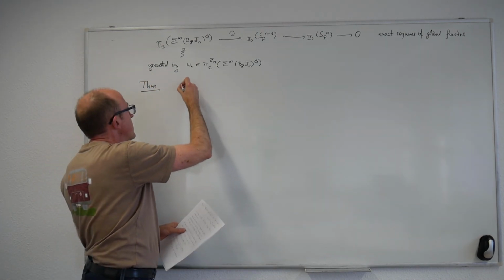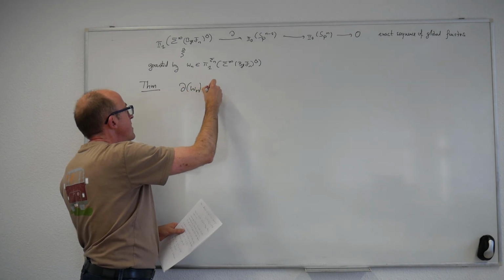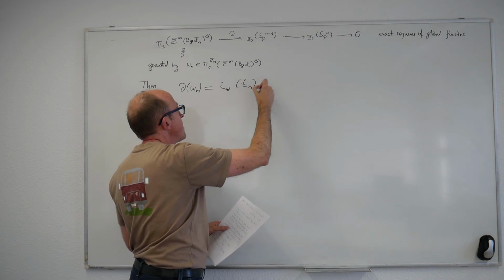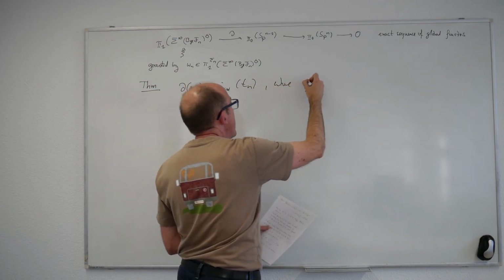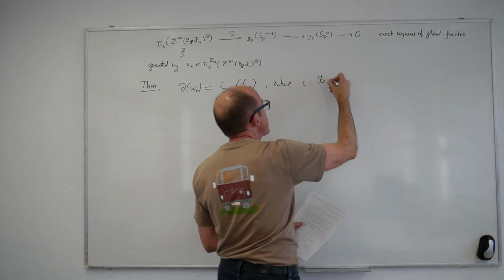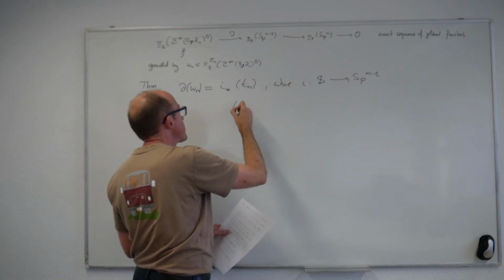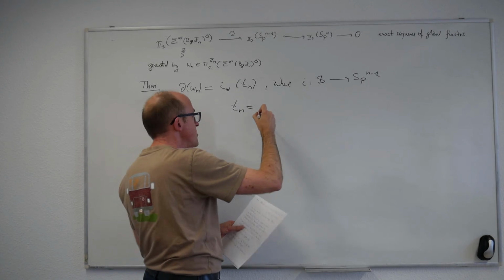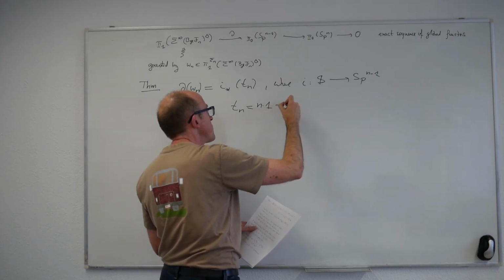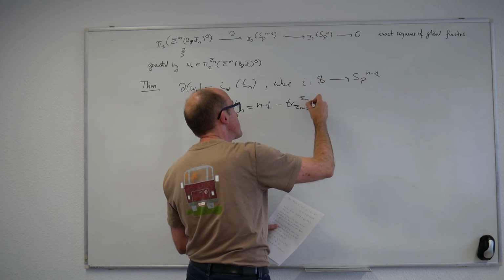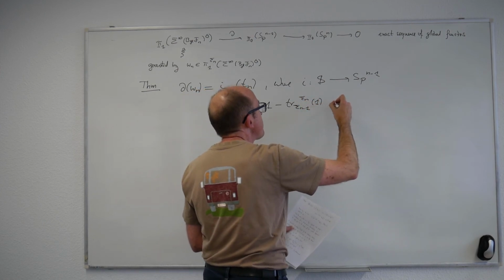The boundary applied to Wn is I lower star of Tn, where I is the inclusion from the sphere spectrum into Spn minus 1, and Tn is this element that was mentioned in the main result. It's n times 1 minus the transfer from sigma n minus 1 to sigma n of 1.